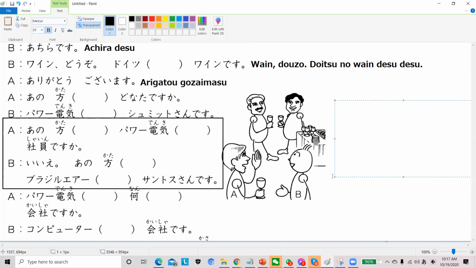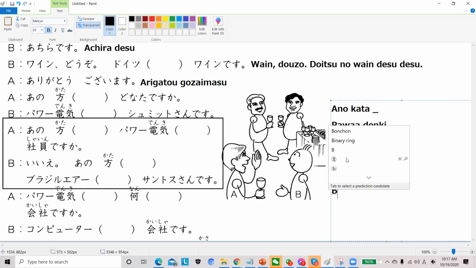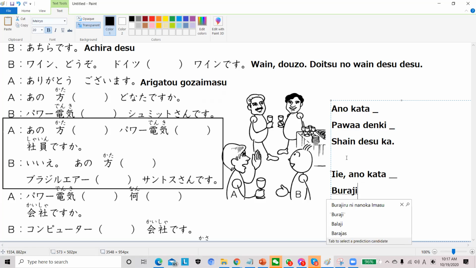Anokata wa, Pawa Denki, iie. Ano hito, Burajiru, Santosu-san desu. Okay, so we have Santosu. Santosu-san desu. Okay, let's go first with anokata.